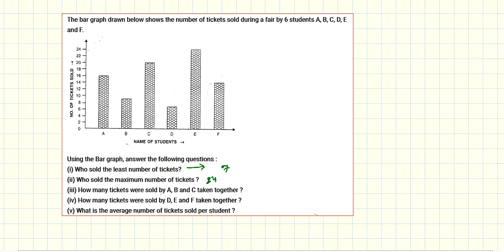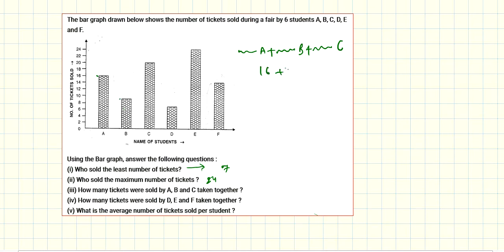How many tickets were sold by A, B, and C together? So simply you have to write tickets sold by A plus tickets sold by B plus tickets sold by C. So tickets sold by A, as you can see from the graph, 16, then from B 9, and from C 20.